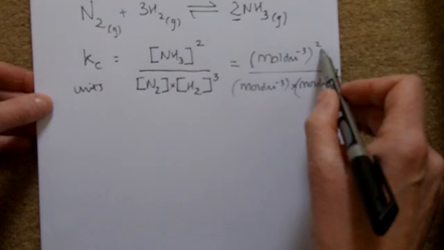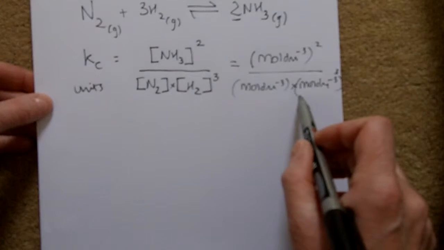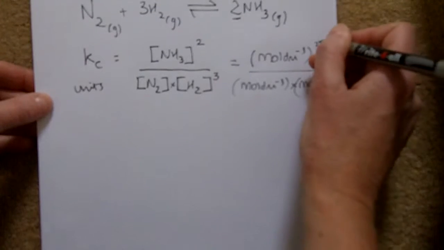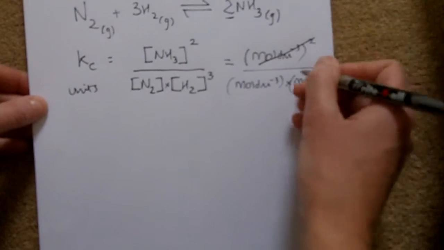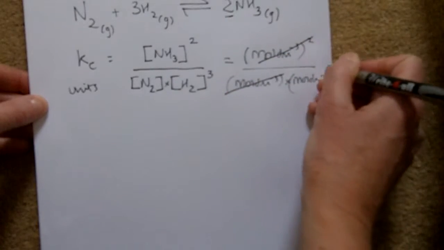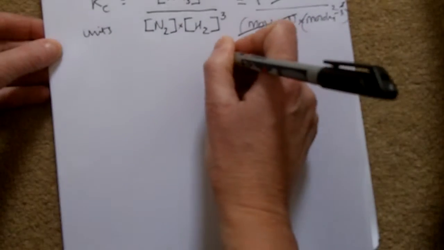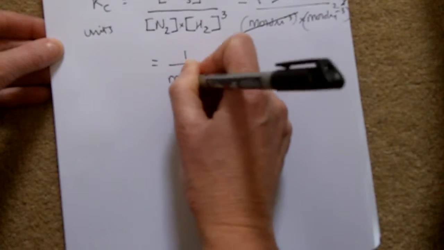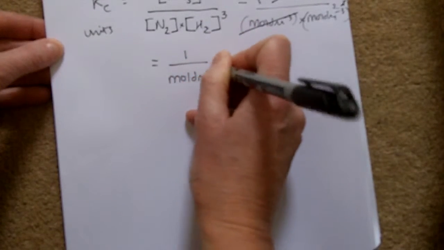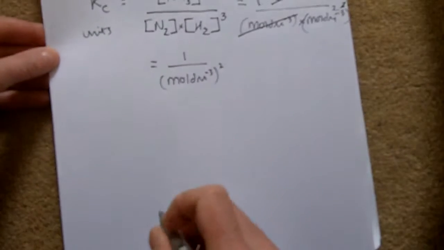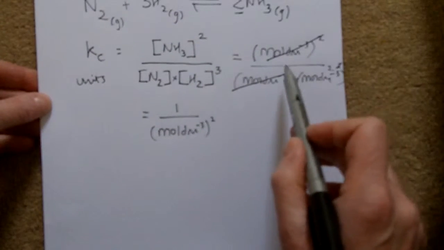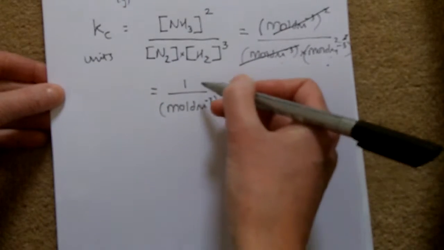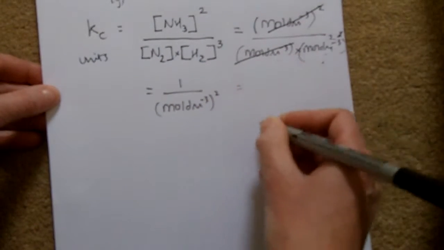So can you see there's 2 concentrations on the top, and there are 4 concentrations on the bottom. So we can cancel the 2 on the top with 4 on the bottom. Okay, so that leaves us with 1 over concentration squared. Then we take the concentration up to the top line.